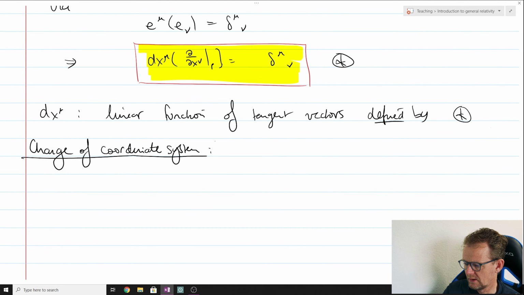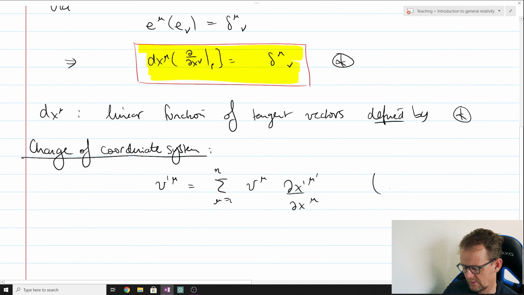We know how this basis behaves under a change of coordinate system. So we know that a vector with components v mu in the original coordinate system has components v mu prime in the new coordinate system according to this Jacobian rule. And this is the so-called vector transformation law.